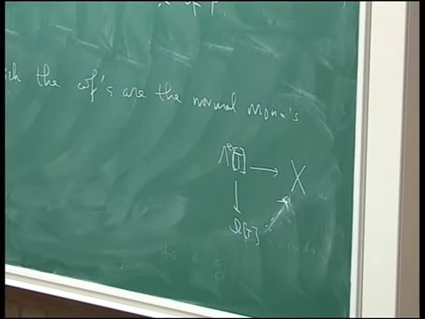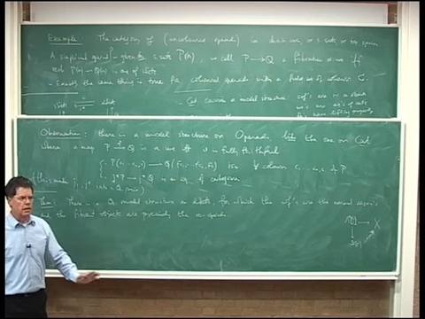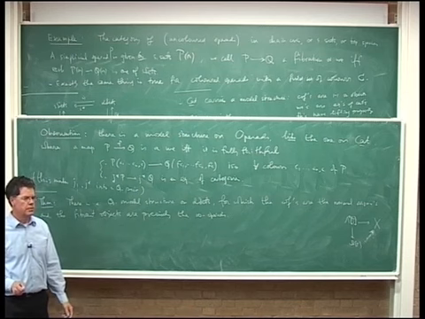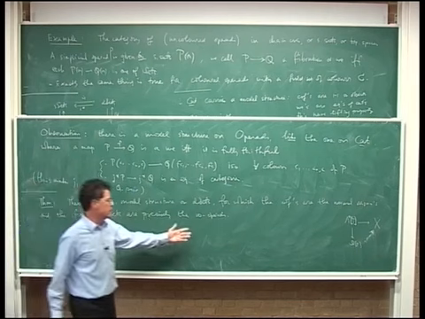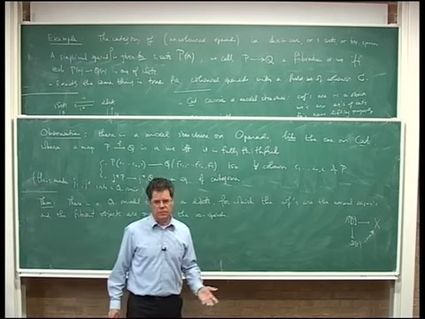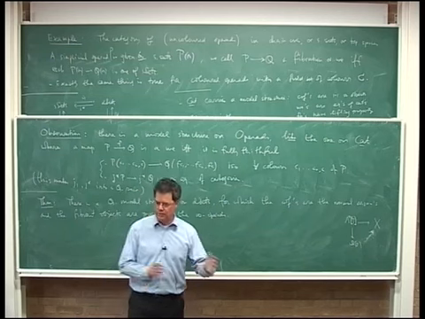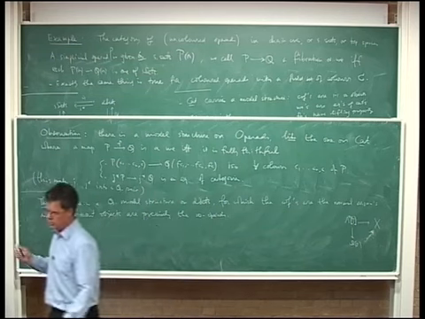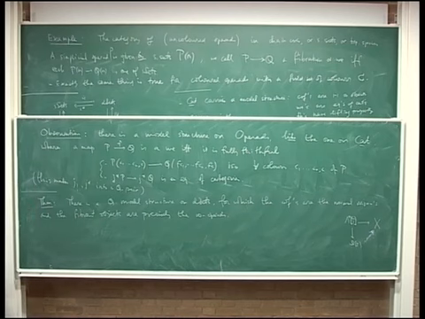Now you may start protesting because I'm only giving you the cofibrations and the fibrant objects. But the cofibrations and the fibrant objects determine the entire model structure. This is not to say that if you have cofibrations and fibrant objects that you have a model structure. But if you have a model structure, it's uniquely determined by the cofibrations and the fibrant objects. Okay.